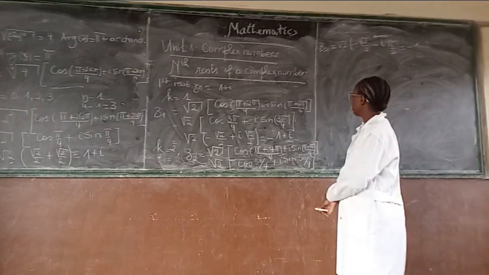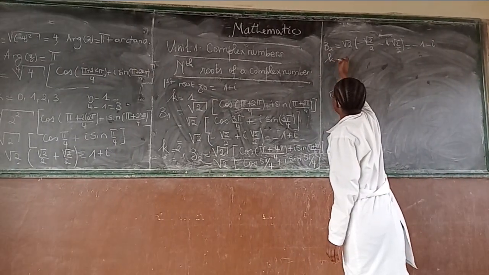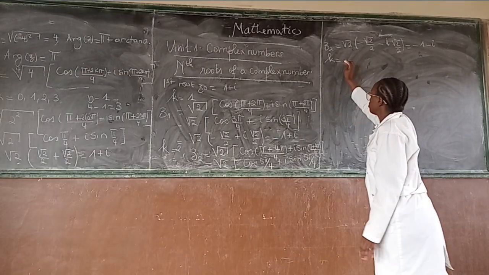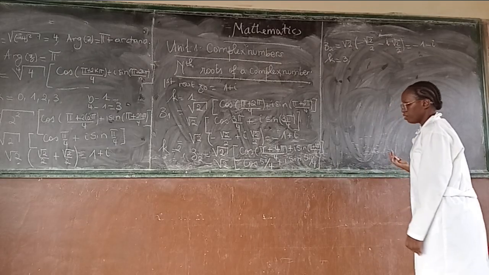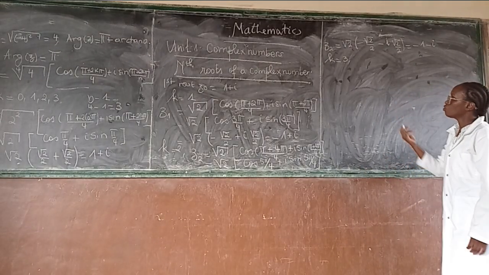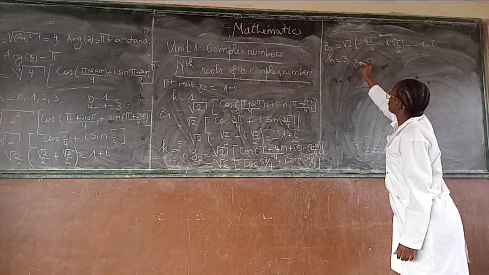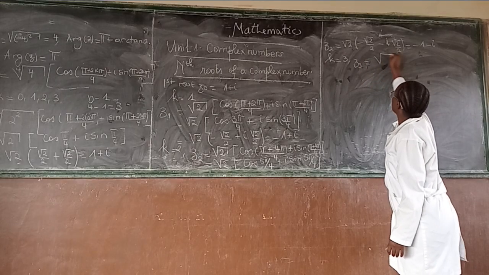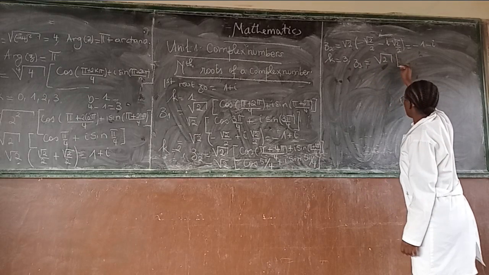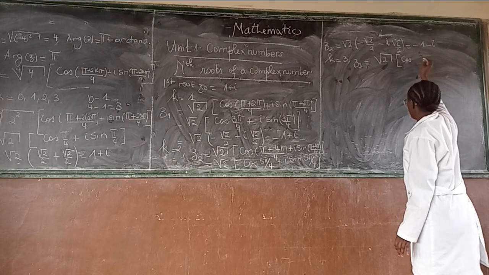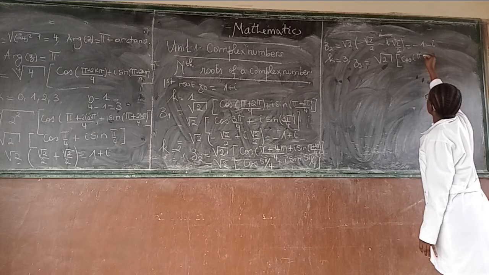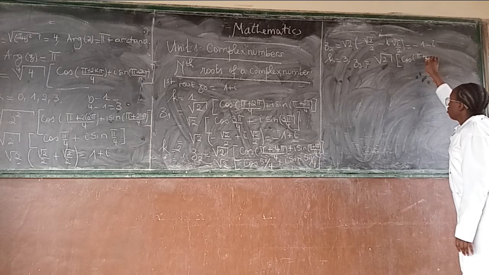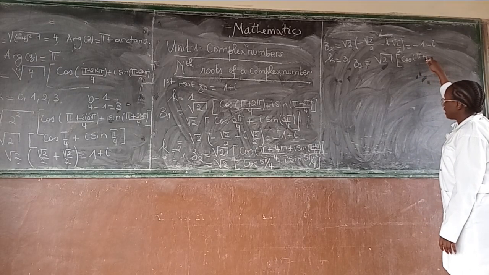Now we are moving to the last root, which is the fourth root, k is equal to 3. So what will be happening for k equal to 3? Our z3 will be equal to square root of 2 cosine of pi plus k pi over 4, and k is equal to 3.